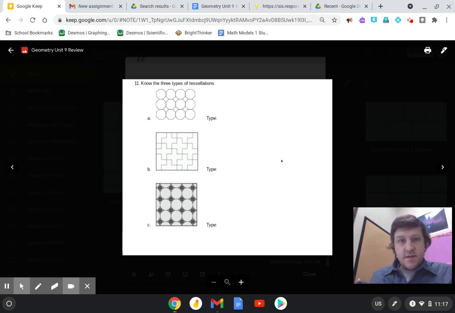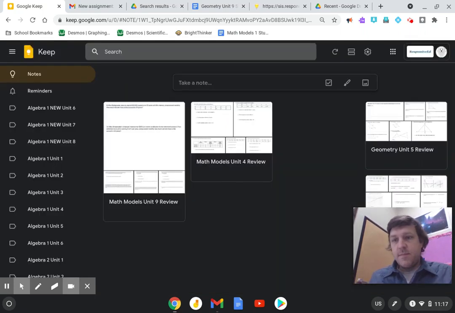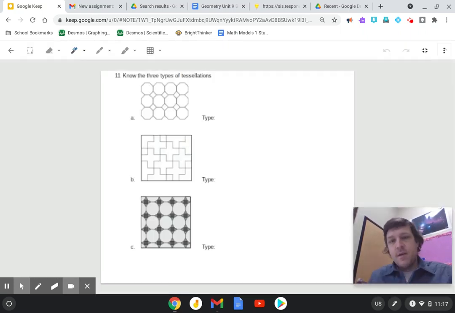Starting with the questions here about tessellations. It says, know the three types of tessellations. So the three types of tessellations are regular, semi-regular, and neither. So there is a neither option on the test. So you'll have basically those three.